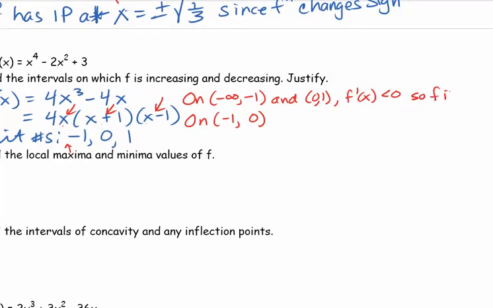So f is decreasing. And on the other two intervals then, f prime of x is greater than 0. So f is increasing.